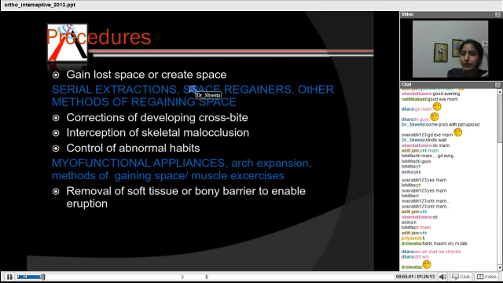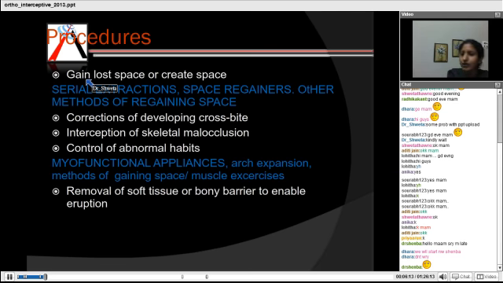Now these are all the procedures which come under interceptive orthodontics, like gain loss space or create space, correction of crossbites, interception of skeletal malocclusion, control of abnormal habits, removal of soft tissue or bony barrier to enable eruption. These are certain things which you need to do in interceptive orthodontics, and all these things which are written in blue, that is your treatment.